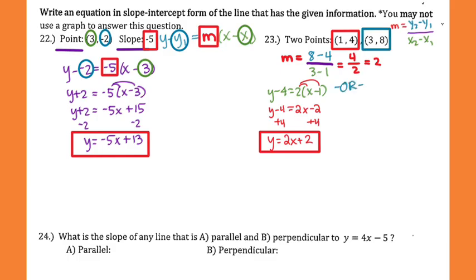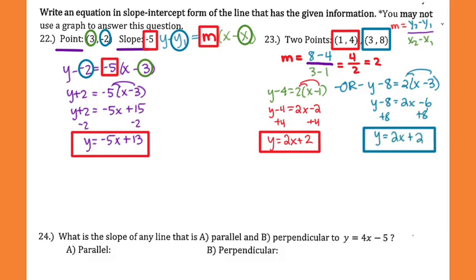Or, and this is an or, not an and, I could use the second point and get y minus 8 equals 2x minus 3, and distribute and solve, and I would get the same equation because these 2 points are on the same line that has that slope of 2.